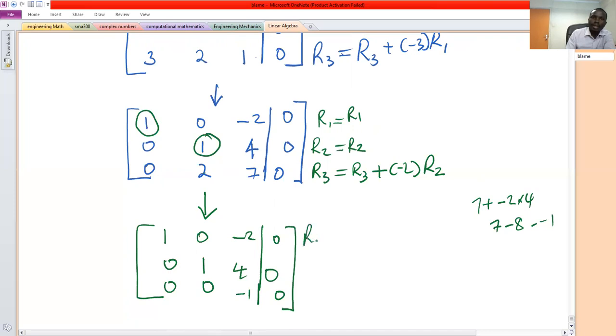Now row 1 stays row 1, row 2 stays row 2, and row 3 becomes row 3 times negative 1, so that we enable this entry to be 1.